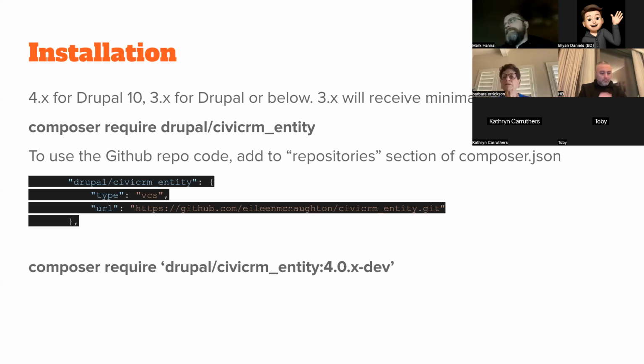The priority is on not having breaking changes, so we move slowly. There are times when there's stuff in the GitHub repo that is not in the Drupal release yet. If you want to use this dev branch, update your Composer require statement to pull in 4.0.x-dev.